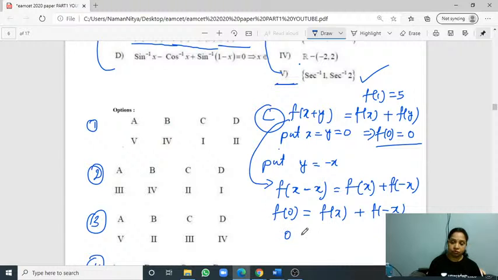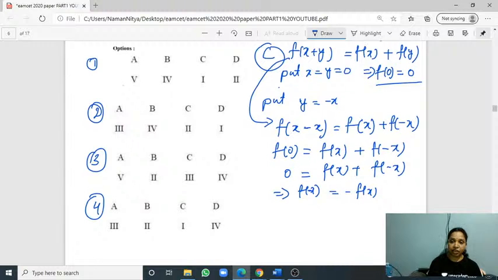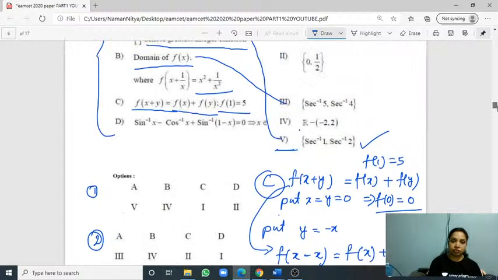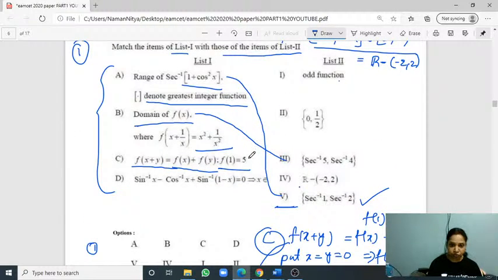So I can put here 0 is equal to f of x plus f of minus x. So from here I can say f of minus x is equal to minus f of x. And when this happens for any function, if I replace x by minus x and get minus f of x, this implies I can say function f is an odd function. So the third one is nothing but an odd function. So this will be mapped to the first one.